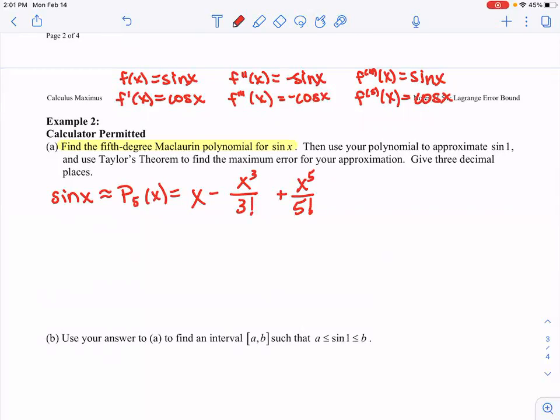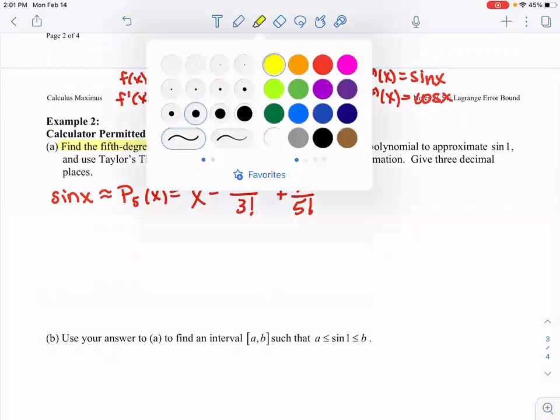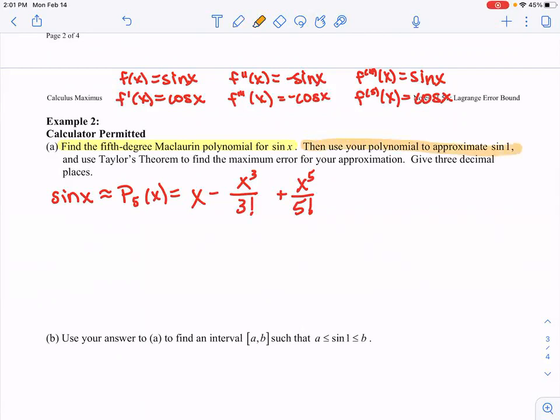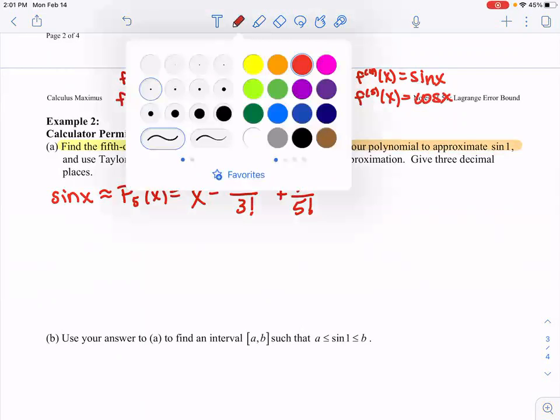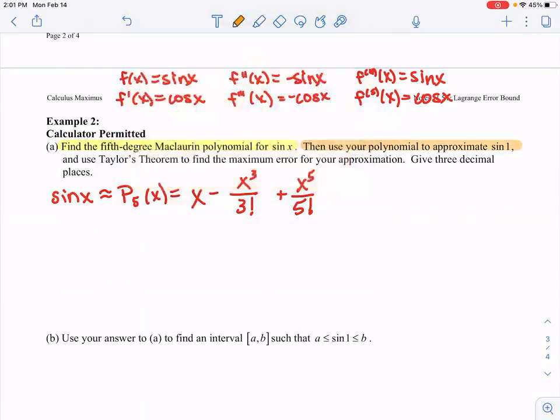All right. Now use your polynomial to approximate sine of 1. So the sine of 1 is approximately our polynomial evaluated at 1.